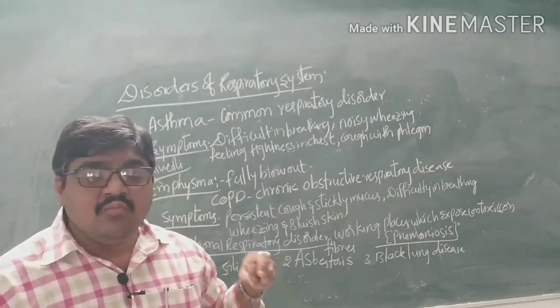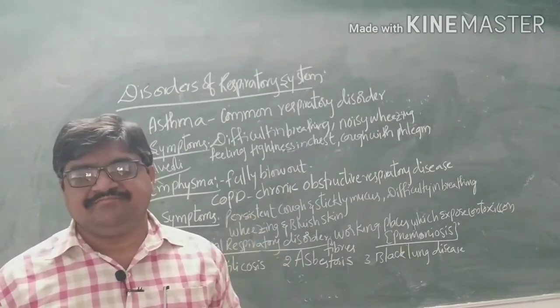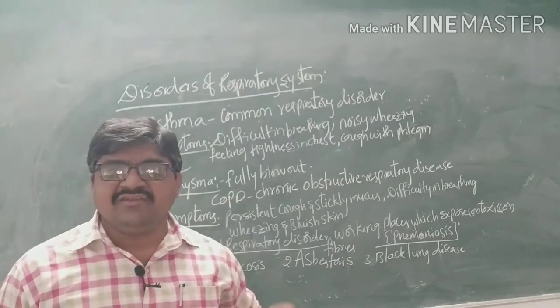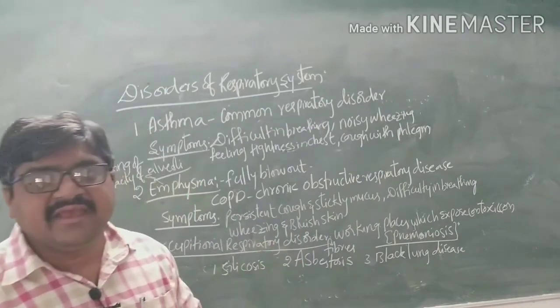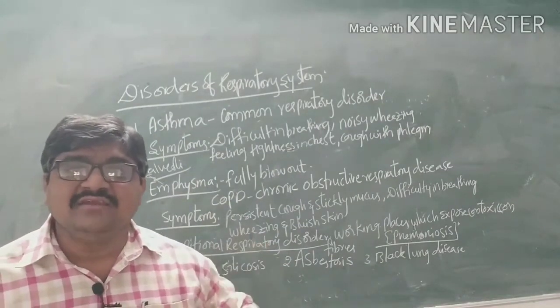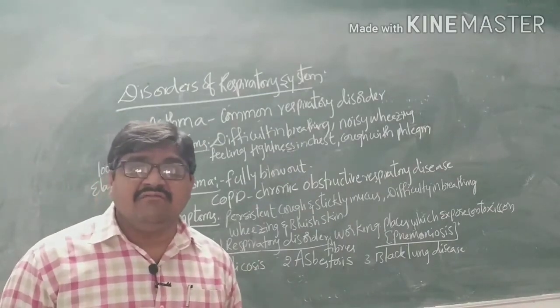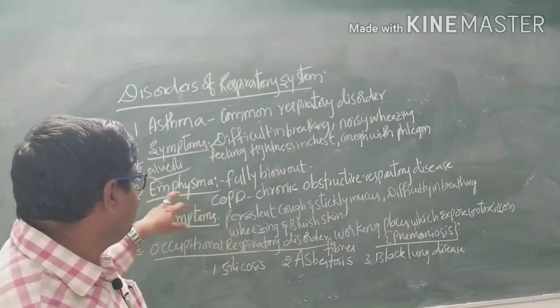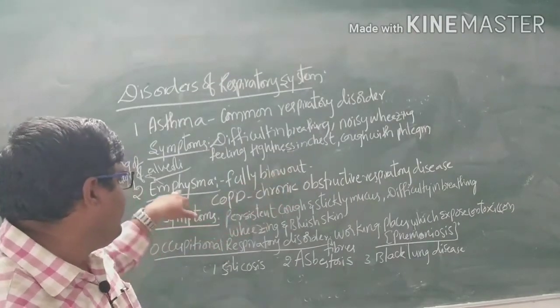This condition is mostly seen in smokers. When smoking takes place, the exchange of gases cannot happen, because the alveoli are filled with air or mucus deposition, which does not help the exchange of gases. So you can call it fully blown out, which is the meaning of emphysema.